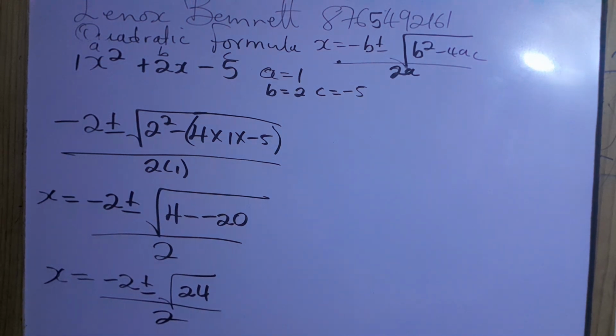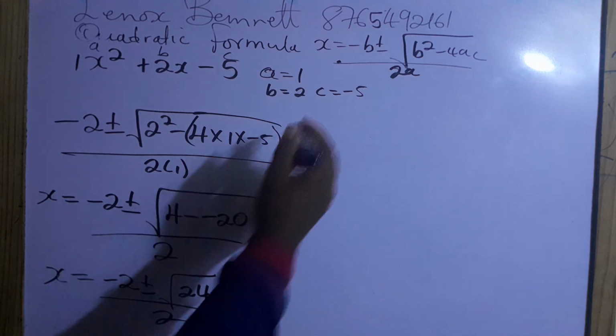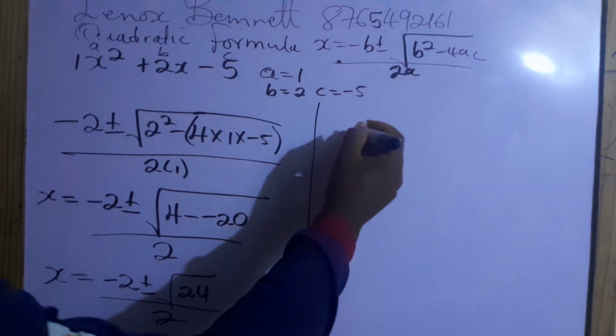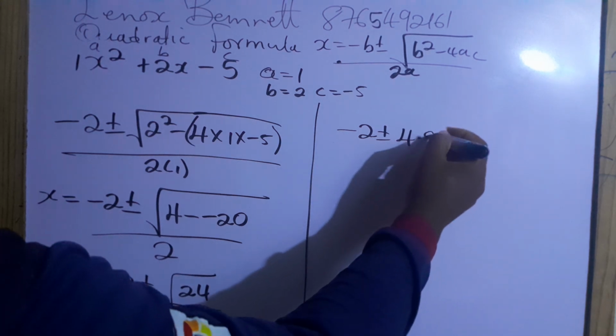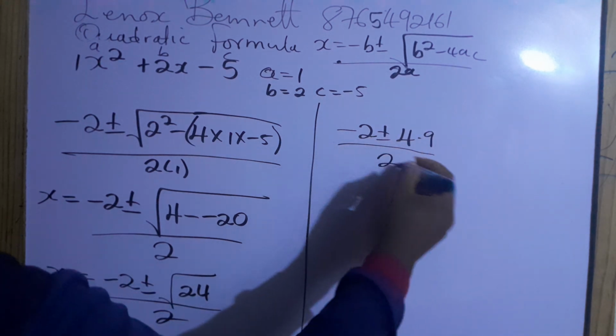Let me get my calculator to see what's the square root of 24. So this tells me the square root of 24 is, to 1 decimal point, 4.9. Alright? So it's minus 2 plus or minus 4.9 over 2.